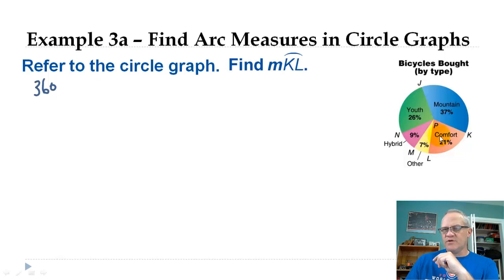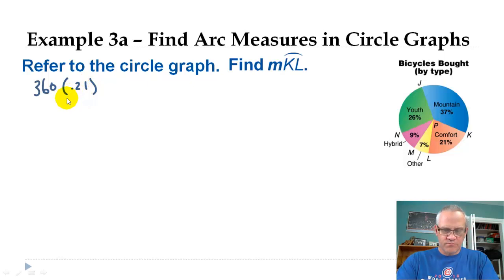So our part is 21% of 360. And so we're going to take this 360 and multiply it by the decimal form of 21%, which is 0.21. Remember, if you have 21%, you can just move the decimal 2 places to the left to make it a decimal, and then multiply.